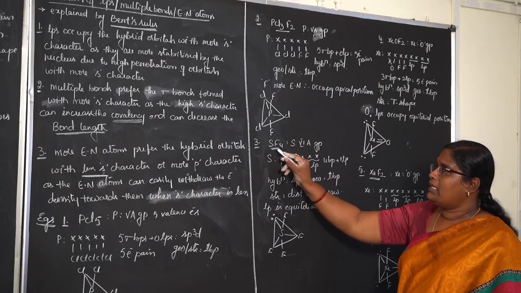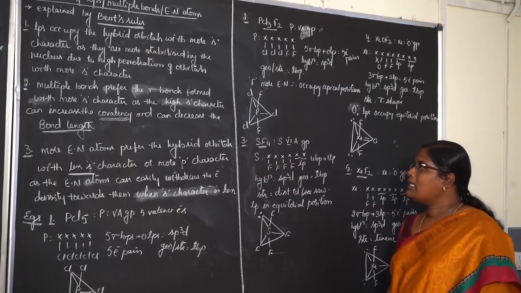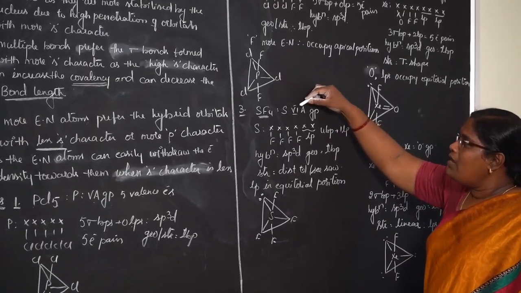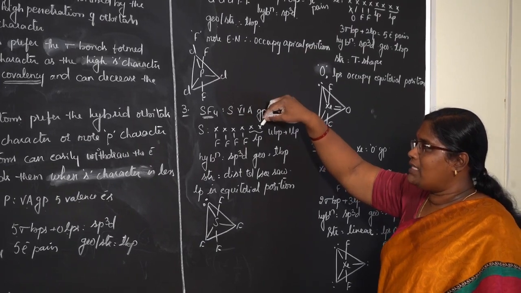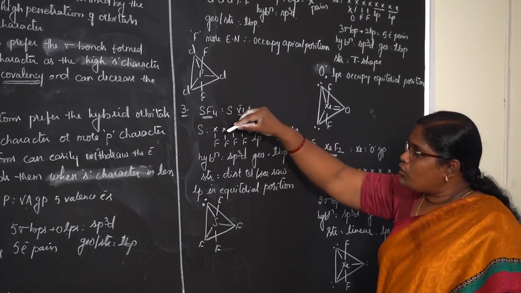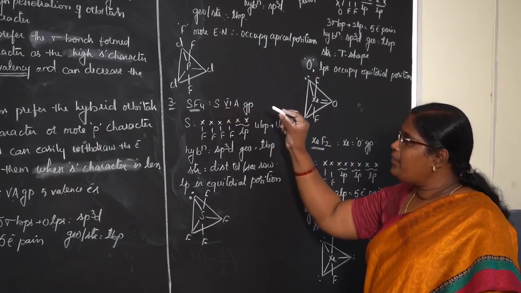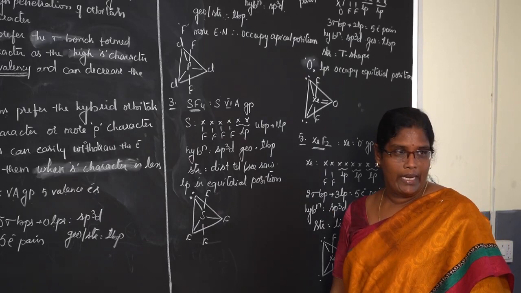Now, when we take the next molecule, SF4, here the central atom is sulfur. Sulfur is a 6th group element, so we take 6 valence electrons. So 4 electrons form sigma bonds with fluorine atoms, and the remaining 2 electrons become the lone pair.